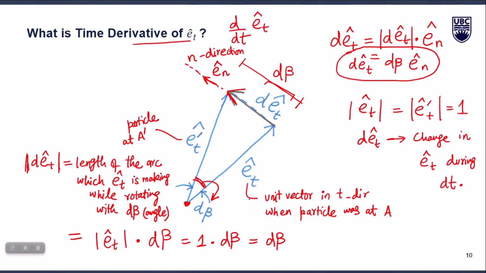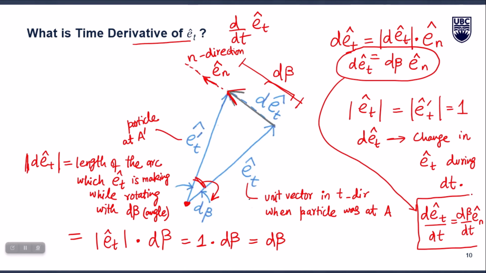So what I am doing now is taking this equation down here, maybe at this location, and simply dividing it by dt. So dE sub t divided by dt should give me d beta by dt times e sub n, right? So this will be the first derivative of unit vector e_t.